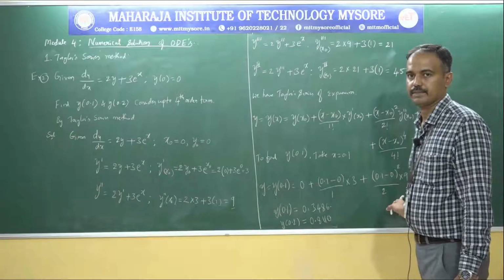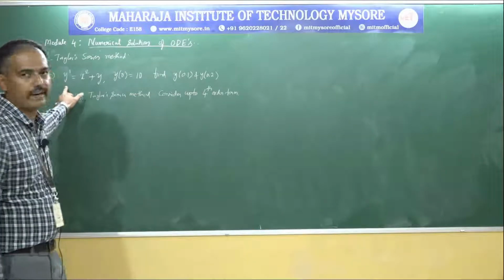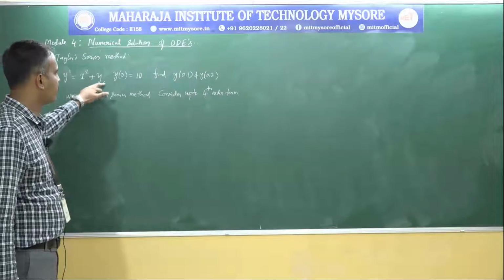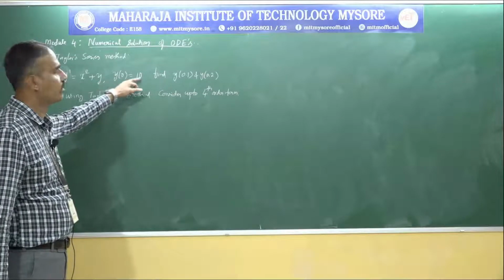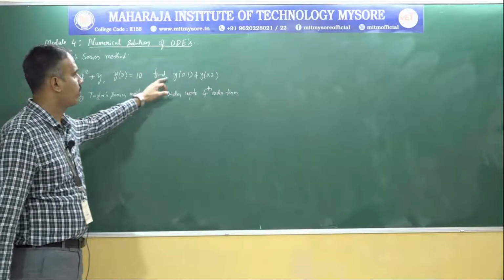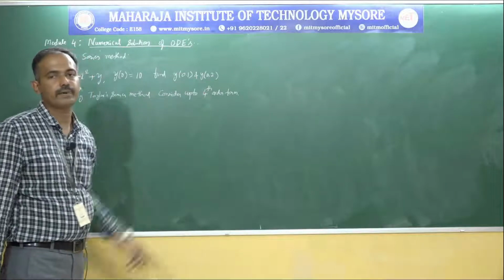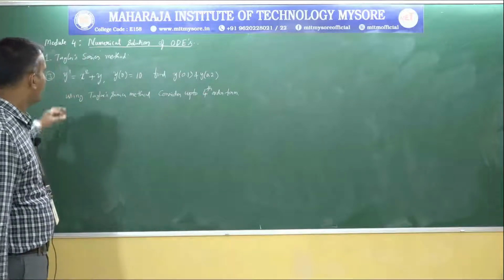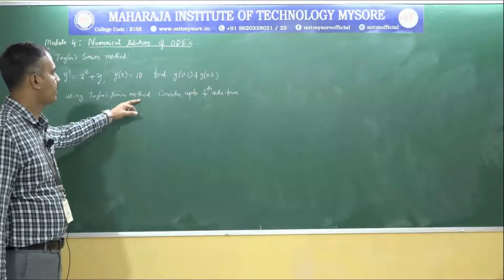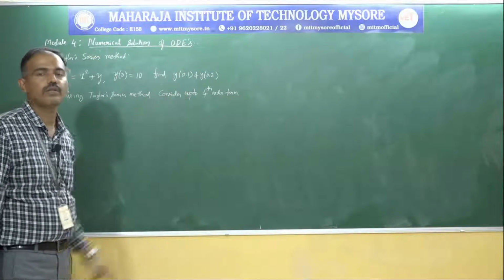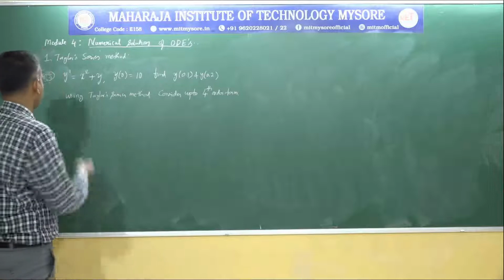Okay, next example. Given y dash is equal to x square plus y with the initial condition y of 0 is equal to 10, find y of 0.1 and y of 0.2 using the Taylor series method, considering terms up to the fourth order.